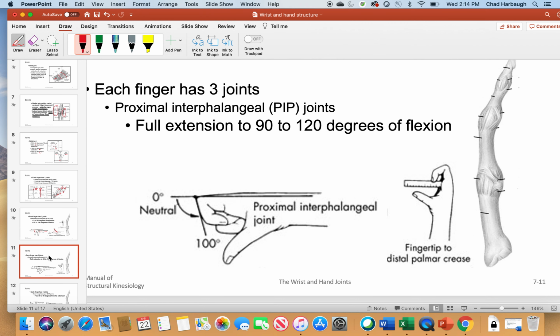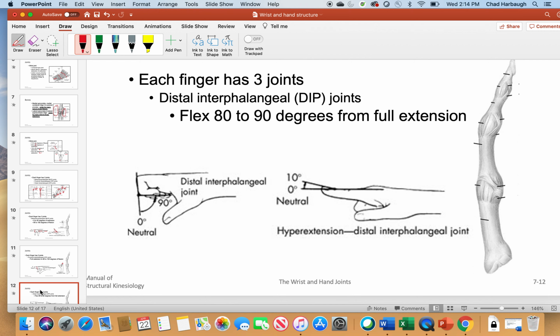When we're looking at the proximal interphalangeal joint, so moving further down, we're looking at this joint right here. We can see that the proximal interphalangeal joint can go into 90 to 100 degrees of flexion. So we're increasing the amount of flexion from the previous joint, and then it can also return to its neutral position.